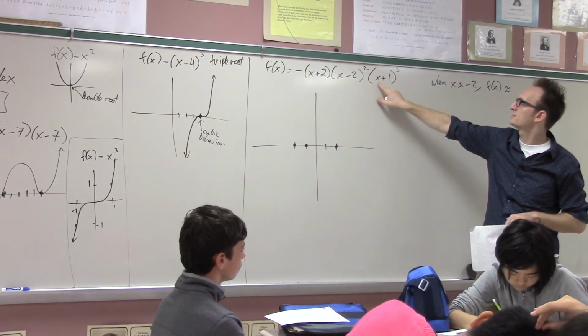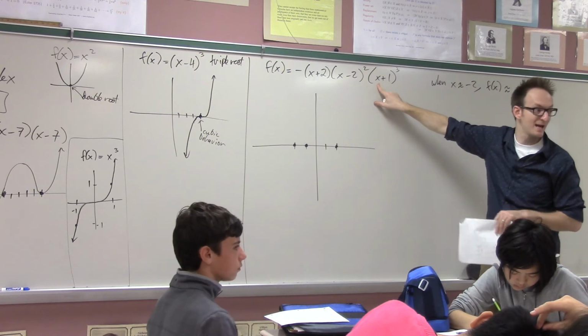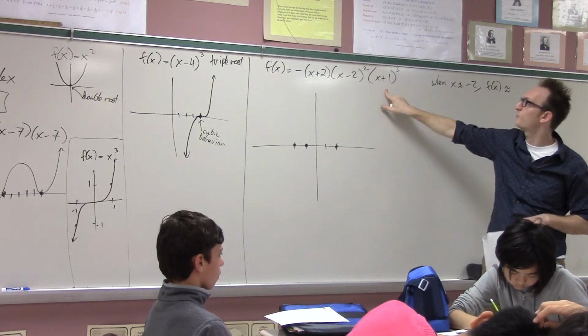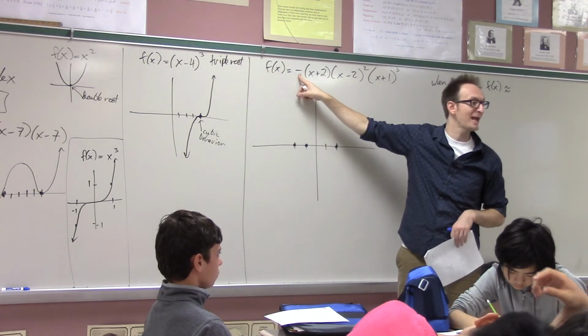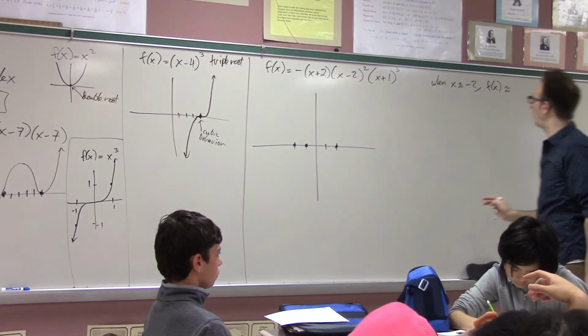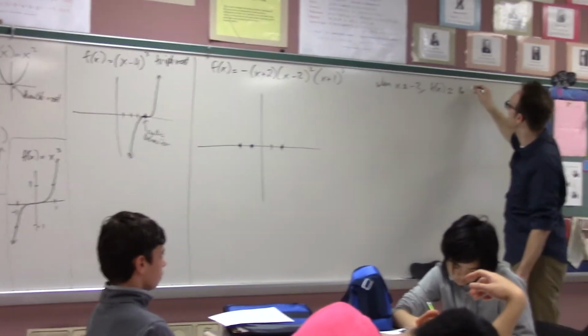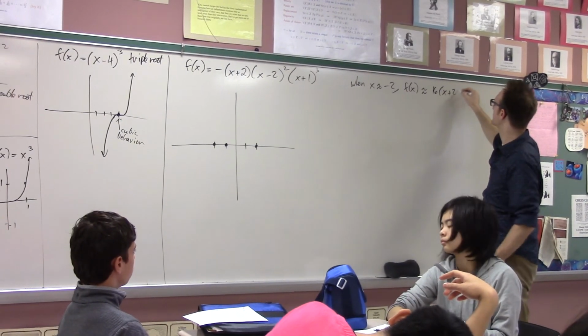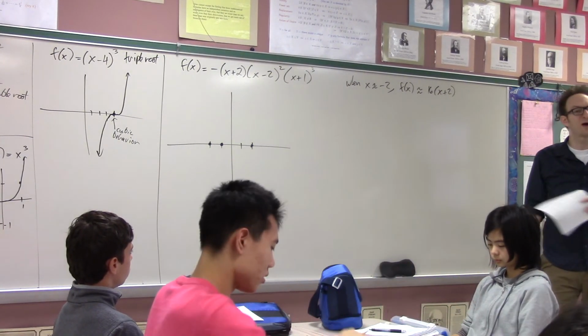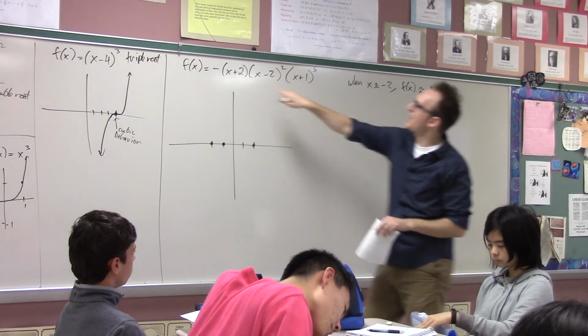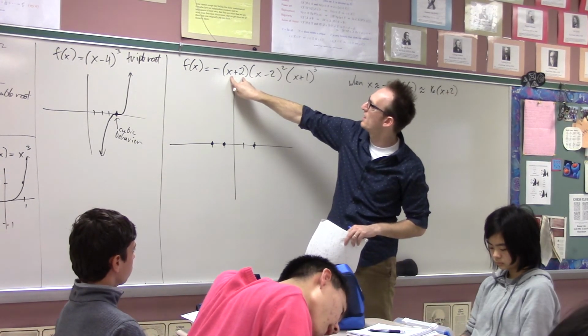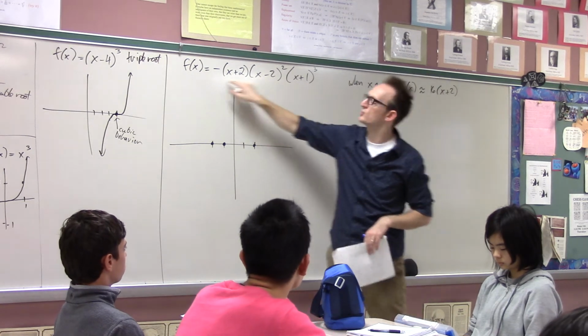No, careful, because it's -2 and 1, so that's -1 cubed, which is -1. And then there's also a negative over here that cancels. So I'm now going to make the bold claim that f of x is approximately 16 times x plus 2. Does everyone see where I got the 16 from? I held the x plus 2 constant, and I evaluated the function at the rest.